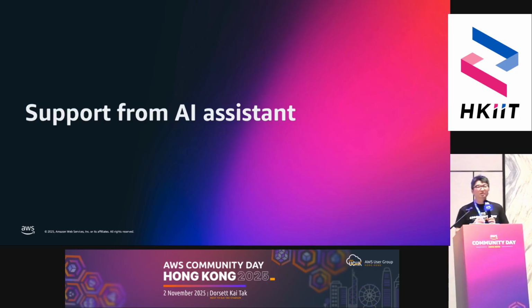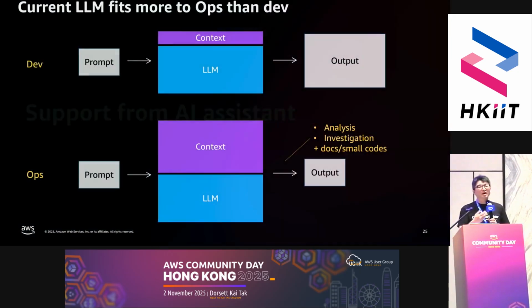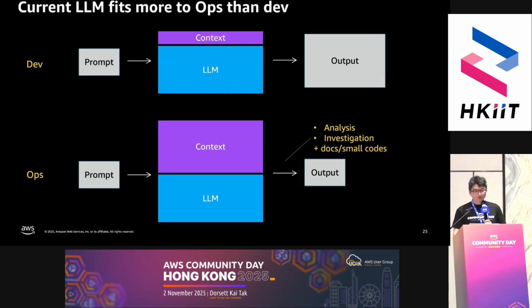So now you can utilize an AI assistant to understand the profile data. And I personally believe that LLM fits operations more than development, because in the case of operations, you have a bunch of context, such as a specification of the system, telemetry data, and the logs, everything. And what is expected is to have smaller outputs, like just the investigation and so on.